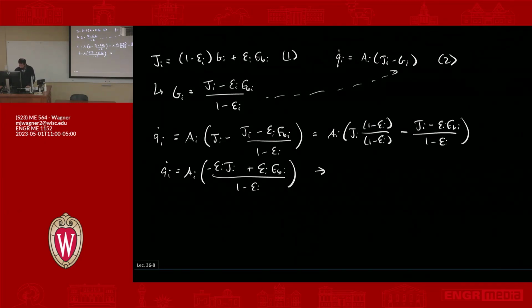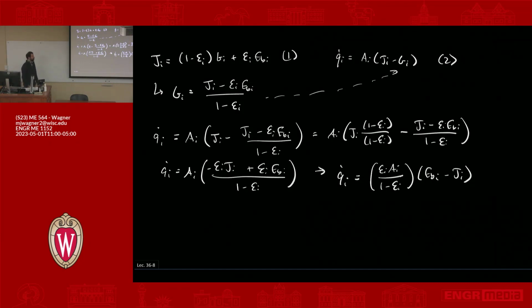All that work gets us to this point, which is to say Q dot I equals epsilon I AI over 1 minus epsilon I, times EB I minus JI.